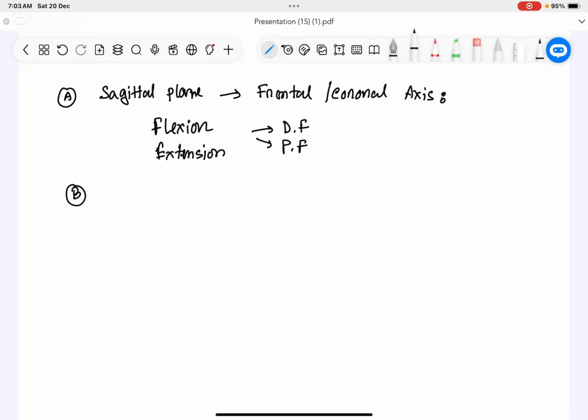Number B, we can write about frontal plane, frontal or we can say coronal. So, in frontal or coronal plane, the axis should be sagittal axis.